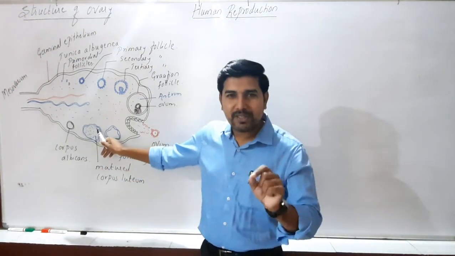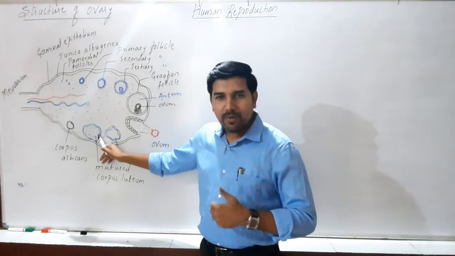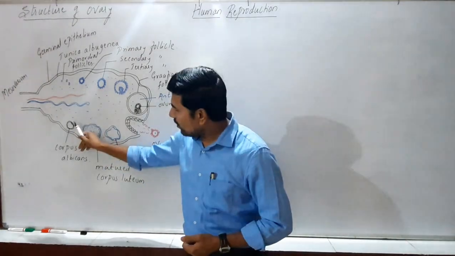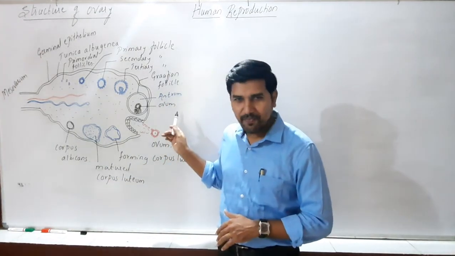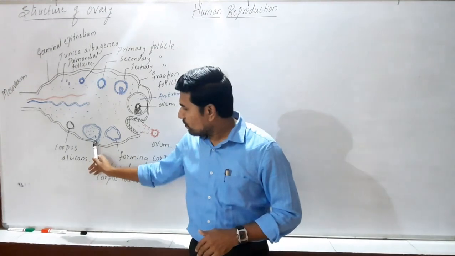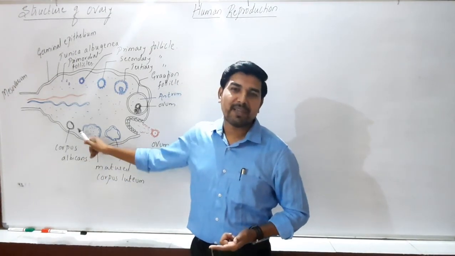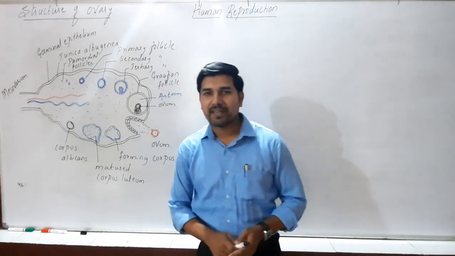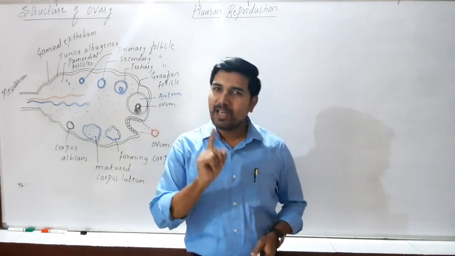Corpus luteum produces progesterone hormone. Later on, if there is no fertilization, this corpus luteum gets degenerated, and the degenerative form of corpus luteum is said to be the corpus albicans.